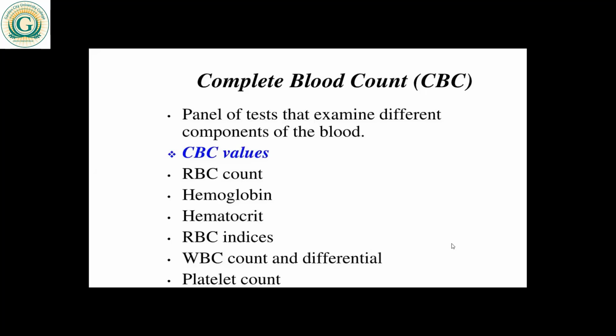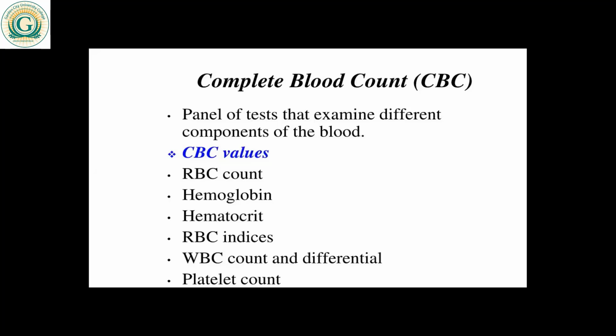Complete blood count is made of red blood cell count, hemoglobin, hematocrit, red blood cell indices, white blood cell indices and differentials, and platelet count and its differentials. All these are there to ensure that the level of red blood cells in your body is normal, and the normal level of white blood cells is right.